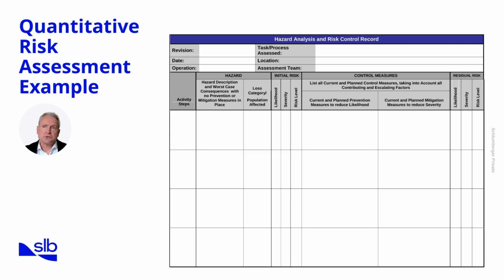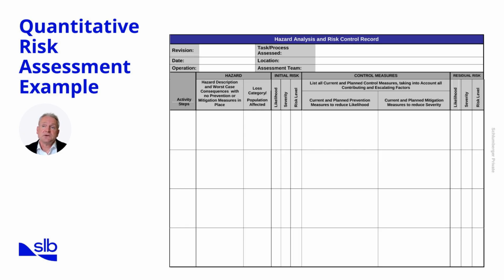We then move to control measures, where both current and planned prevention measures are listed to reduce likelihood, and mitigation measures are identified to reduce severity. This ensures controls address risk from both sides, probability and consequence.